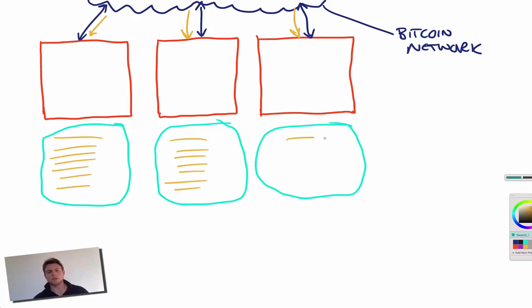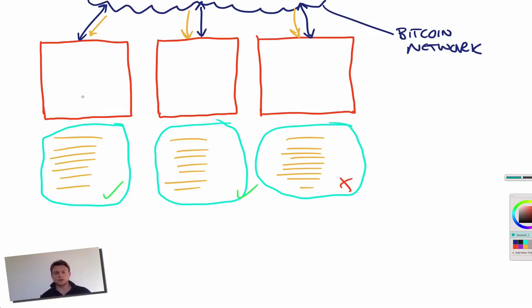Some of the transactions might get to one miner before the other one. So for example, this transaction here might have made its way onto this one and this one, but not onto this one. So it's not guaranteed that the transaction pools across the different miners will be the same all the time.